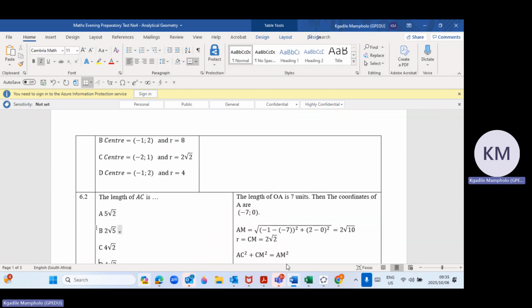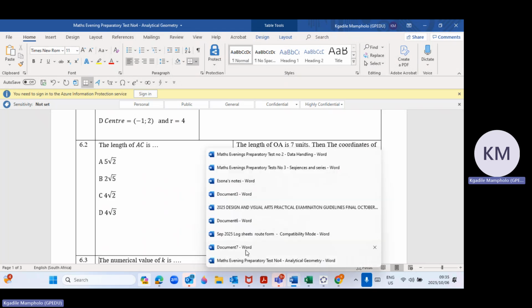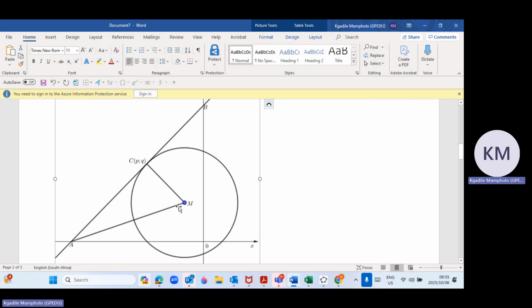The second question, the length of AC. Let's check where the AC is. Now, you can't go straight here because yes, you'll know the coordinates of A as -7 and 0 because the length of OA is 7 units. It was given in the statement.